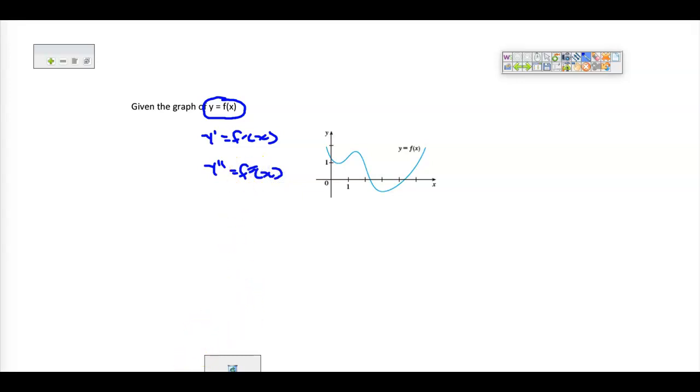I gotta get that in there. It's double prime. So, when we were graphing our polynomials, we were focusing on one of two characteristics.